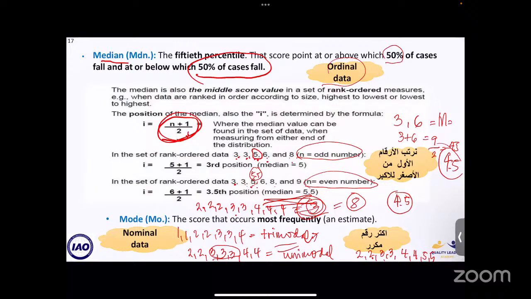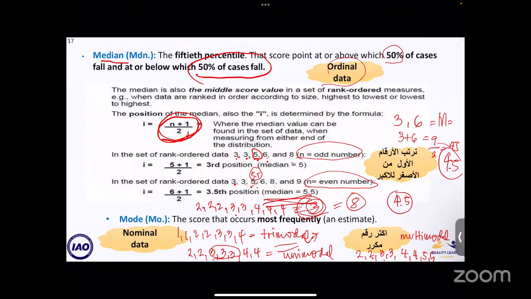The mode is multimodal. Yes. And we also call it bimodal if two numbers occur equally often.